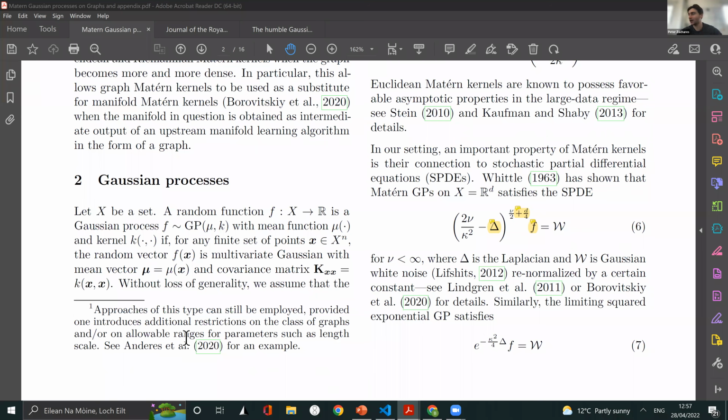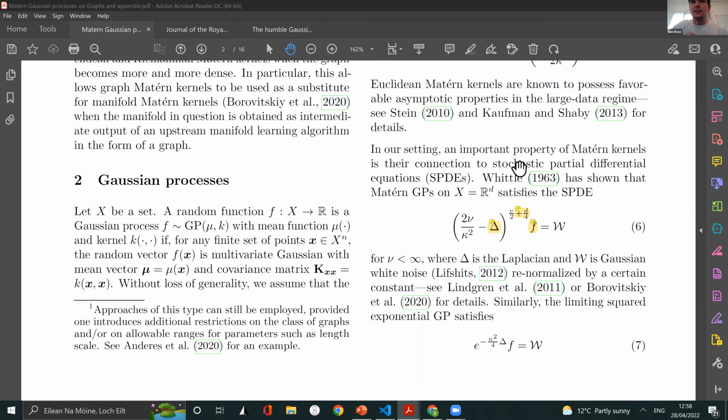Let's continue. One point related to what Peter was just saying is that if you try to use the graph distance, you get something that is just not going to work.